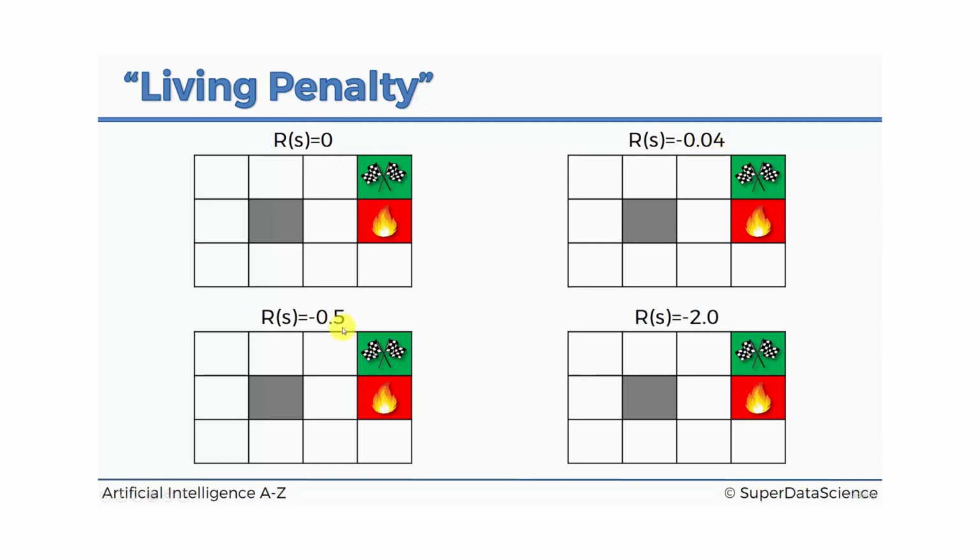Here the living penalty will be -0.5, so much higher, more than 10 times greater than here. And here the living penalty will be -2, so even less than the reward that the agent gets for ending up in the fire pit.